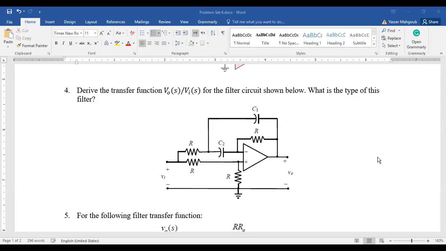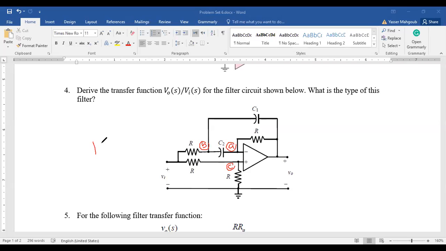If you remember, we said we have to use KCL. So we need to label these nodes. We can call this node A, this node B, and this node C. CAB, right?